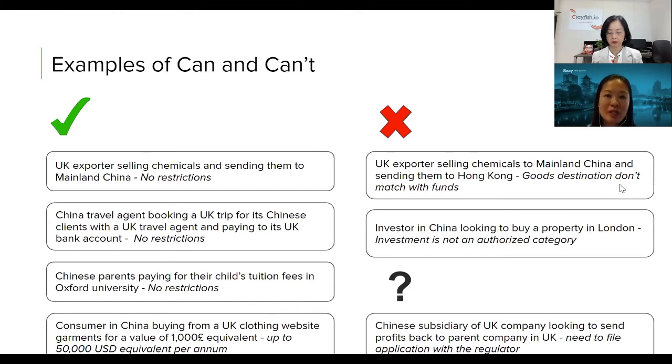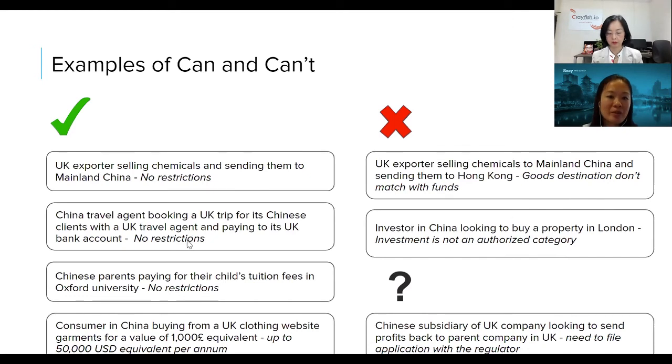Because there's a misalignment between where I'm sending the goods, which is Hong Kong, and who is the counterparty paying me, which is based in mainland China, your client in China won't be able to pay you, because we cannot see goods that have been received directly in mainland China. This is something not allowed by the regulator, and there will be difficulties sending these funds in a compliant way through a bank.